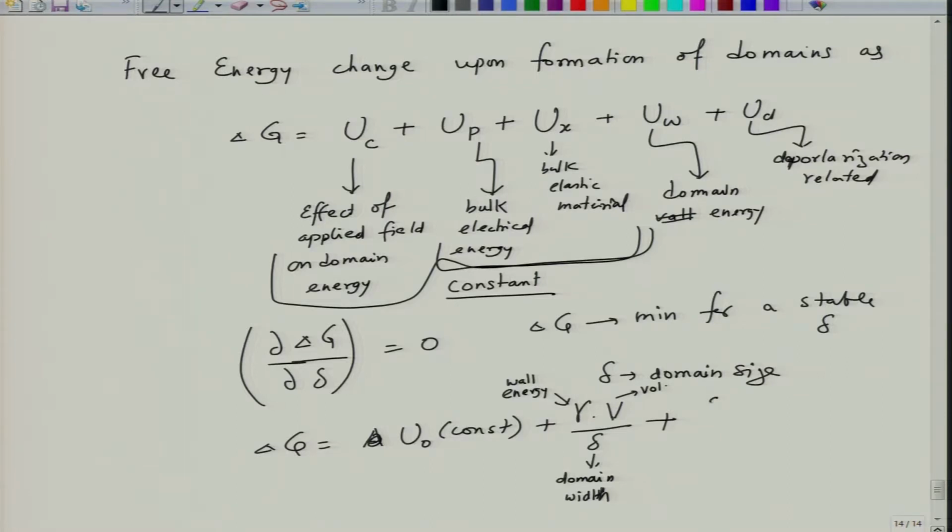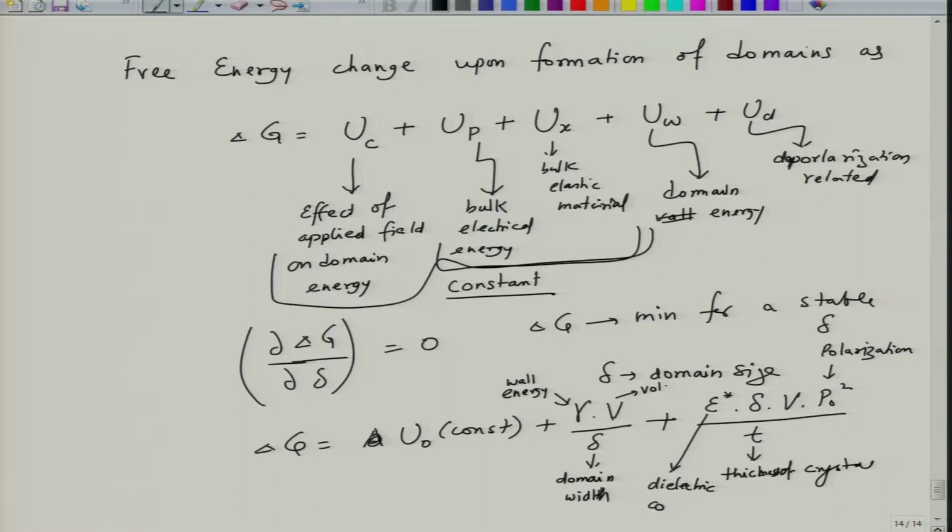UD, on the other hand, is given as epsilon star into delta into V into P naught squared, divided by T, the crystal thickness. Here P naught is the polarization in the middle of the domain, epsilon star is the dielectric constant, V is the volume, and delta is the domain width.